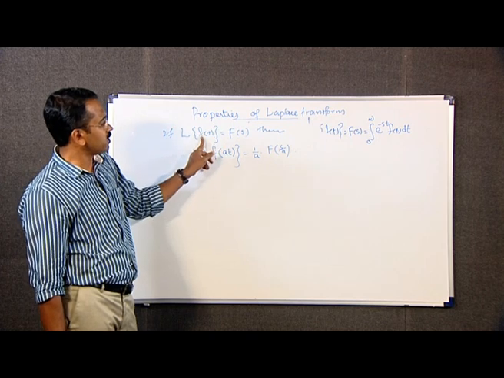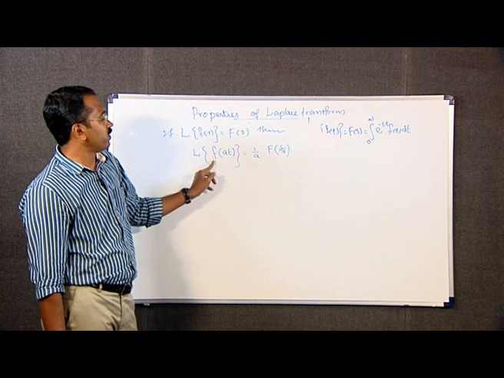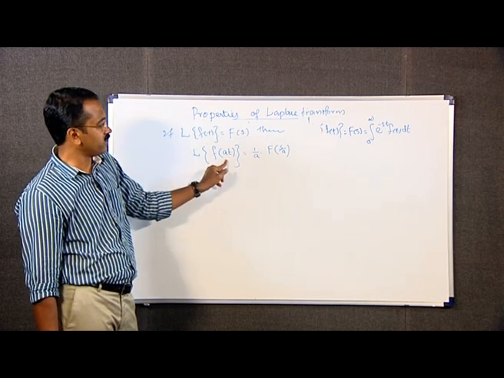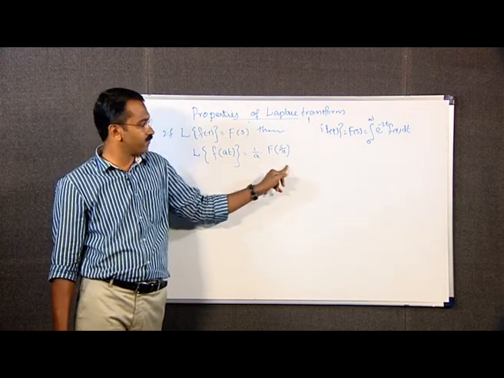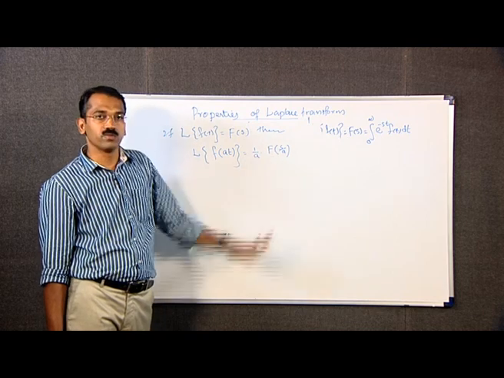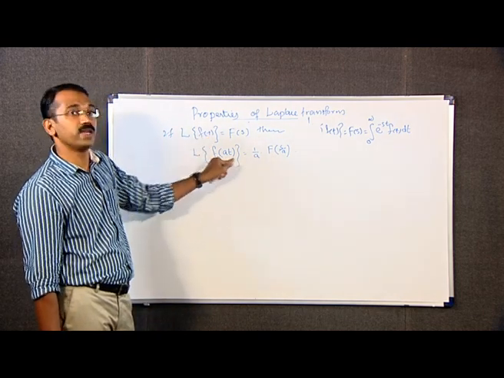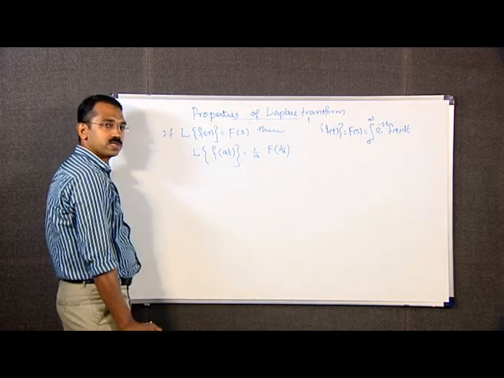If Laplace transform of a function is F of s, then we can obtain the Laplace transform of the corresponding function f of a t by replacing s by s by a and then multiply by 1 by a. If we change t as a into t, this is the change of time scale property.